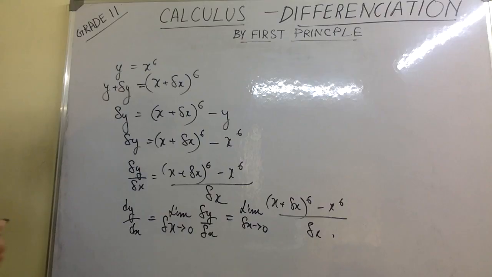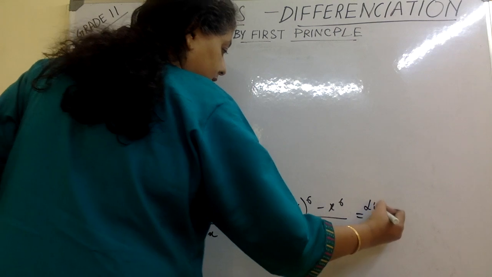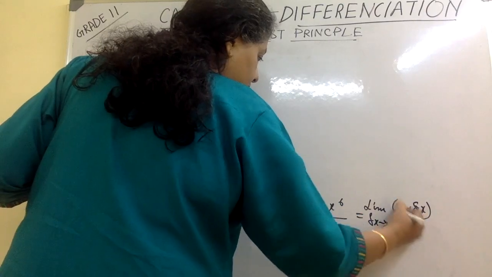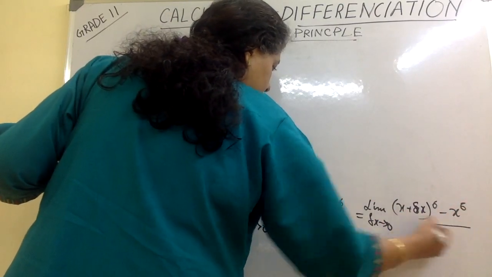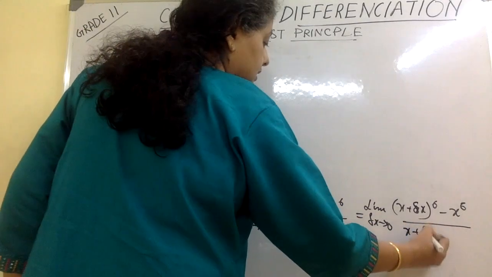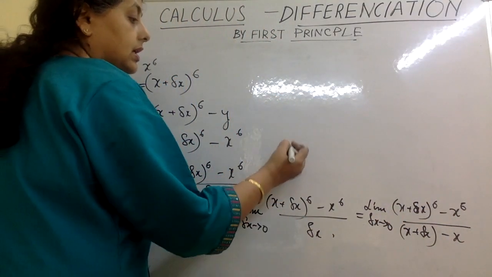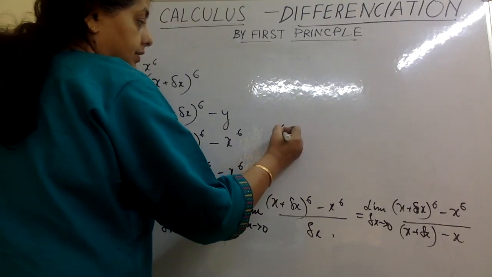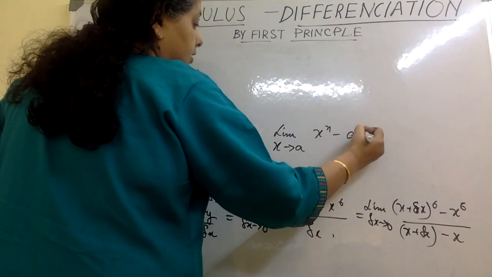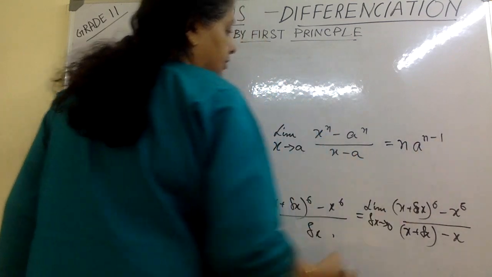Here we can do something. We can write it like limit del x tends to 0, ((x plus del x) to the power 6 minus x to the power 6) by ((x plus del x) minus x). If we write that, it becomes like this: limit x tends to a, (x to the power n minus a to the power n) by (x minus a) is n a to the power n minus 1.